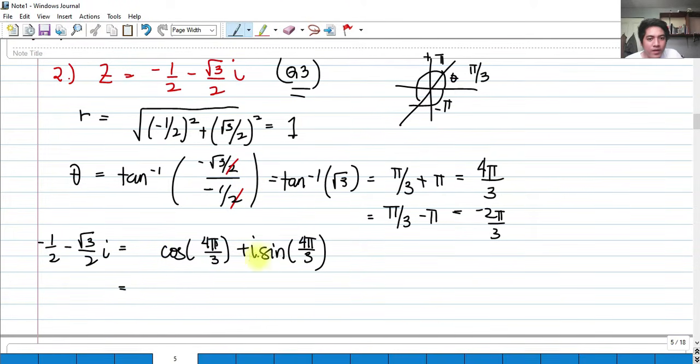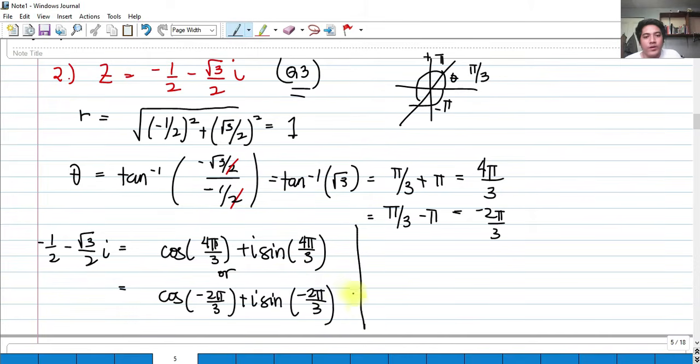Or it can be cosine of negative 2 pi over 3 plus i sine of negative 2 pi over 3. That is actually our answer for number 2.